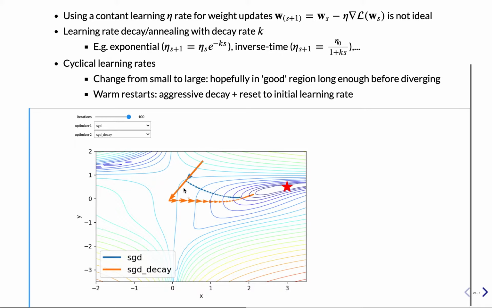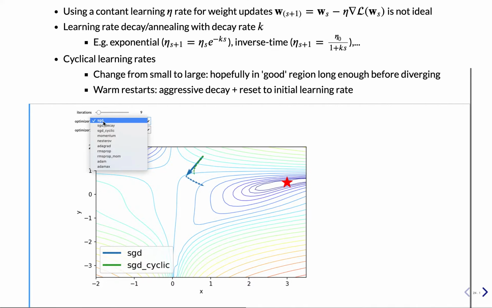Now, of course, this can completely change if you run vanilla SGD with a tuned learning rate. In this case, I just use the defaults. You can very much find the fastest solution if you tune the learning rate. And so if you use SGD, that's definitely something you should do. You should definitely tune your learning rate to the problem so that you converge faster to a good solution.